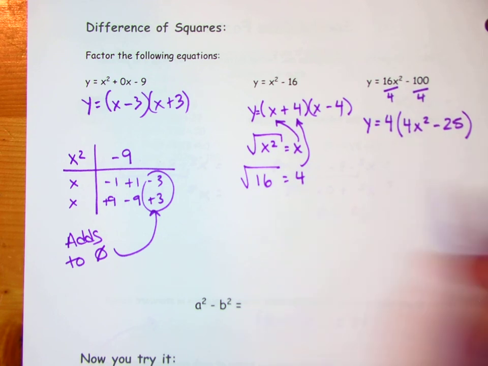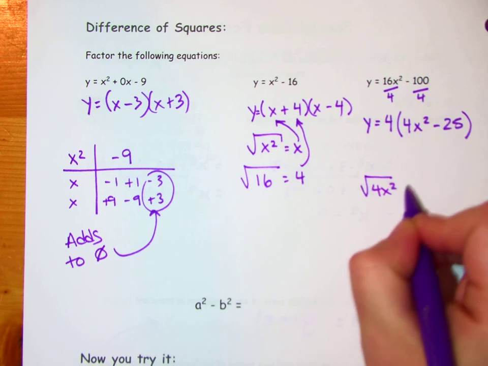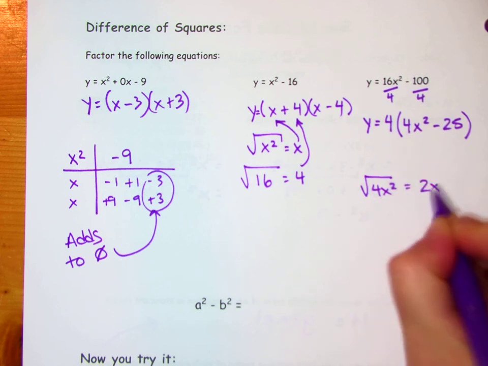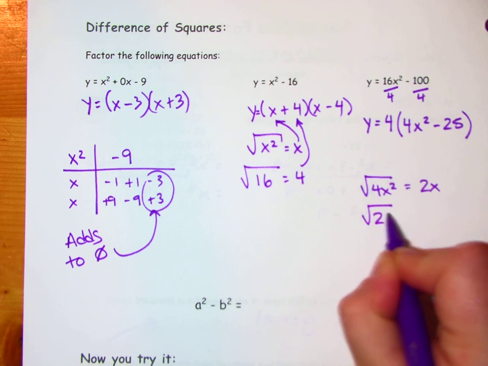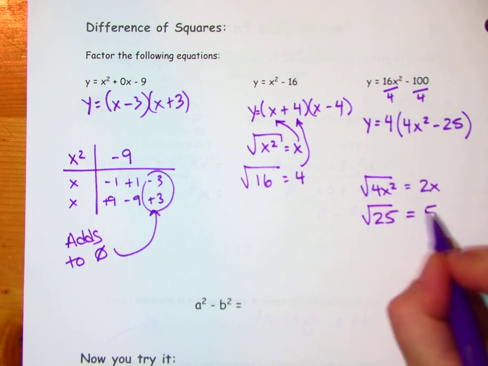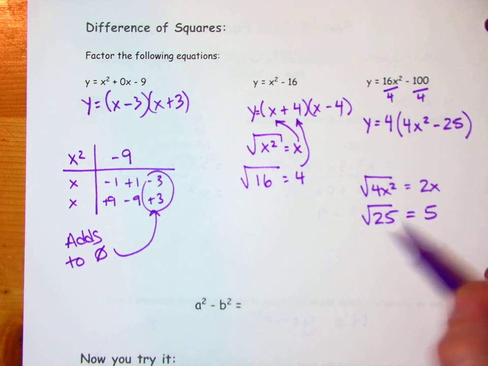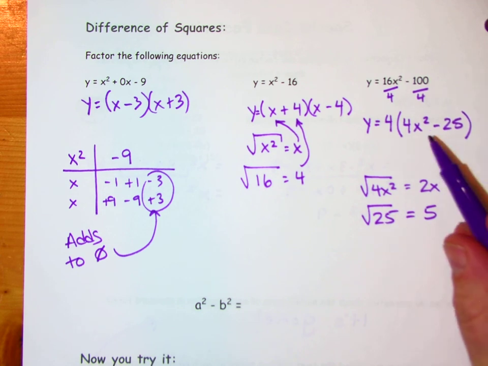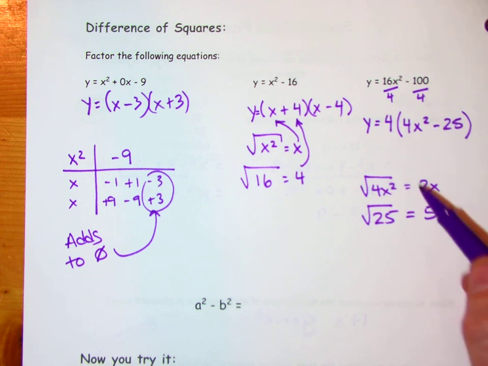Now I can say, what's the square root of 4x squared? Can I get that? Yeah, 2x. 2x times 2x is 4x squared. Could I get the square root of 25? Yeah, that's 5. Because I can get the square root of the first term and the second term, and there's subtraction in the middle, that makes it a difference of 2 squares.